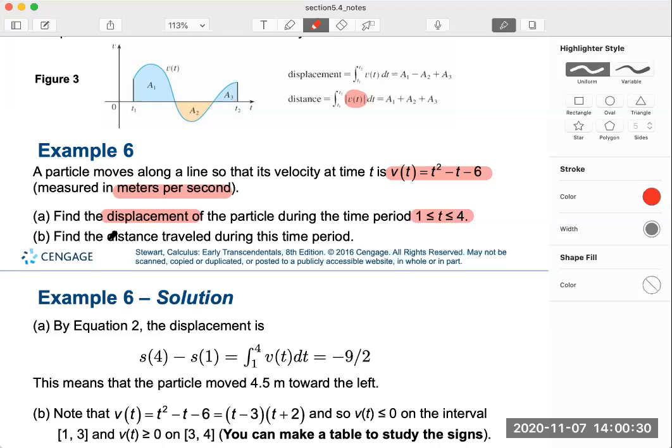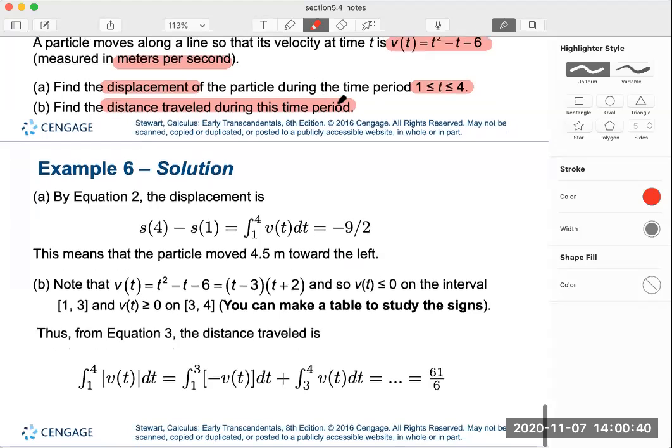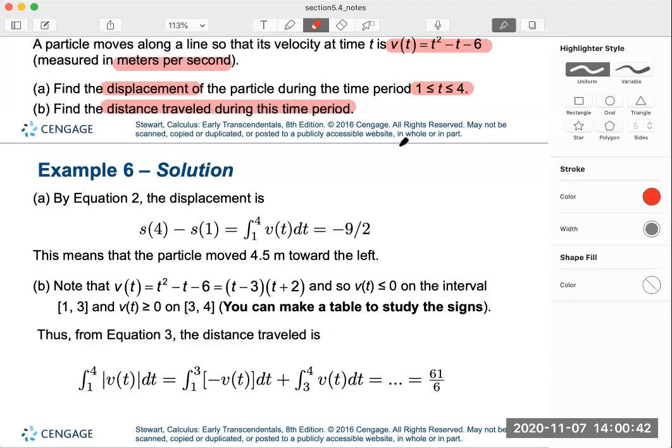And in the second one, we need to compute the distance traveled during this period. Okay. Now, let us do it together.